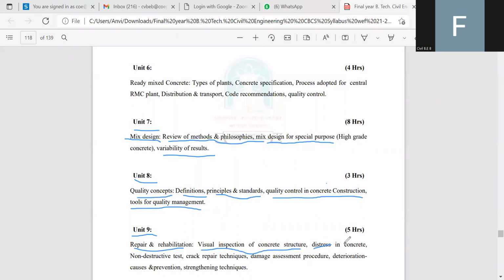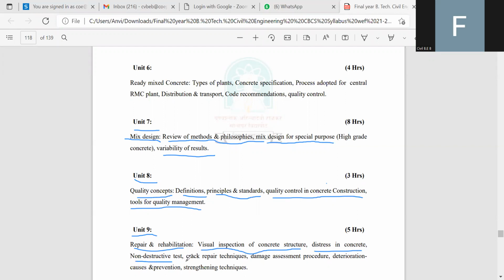Then distress in the concrete, as I told you: due to slab load, a beam may be bent, or due to bending some signs of cracks are shown. So such distress in the concrete.